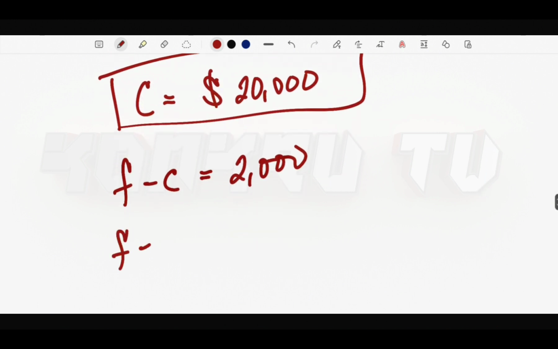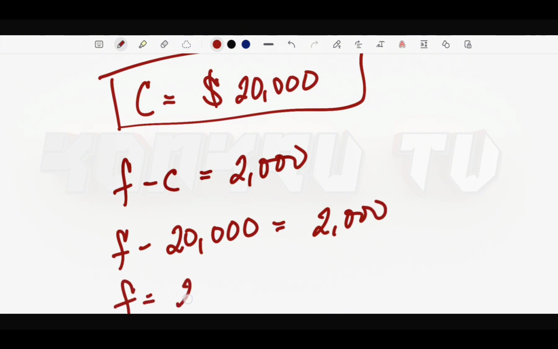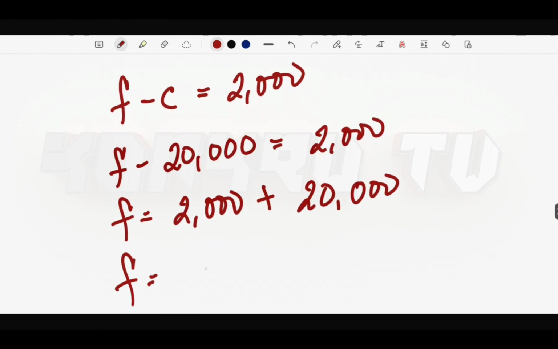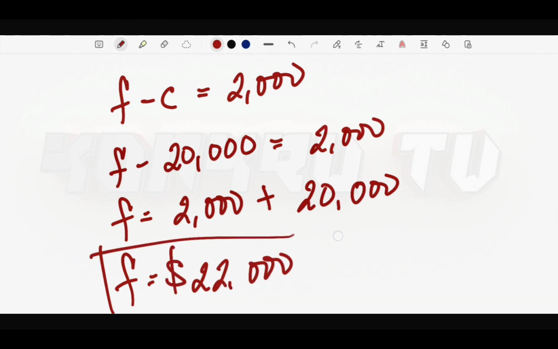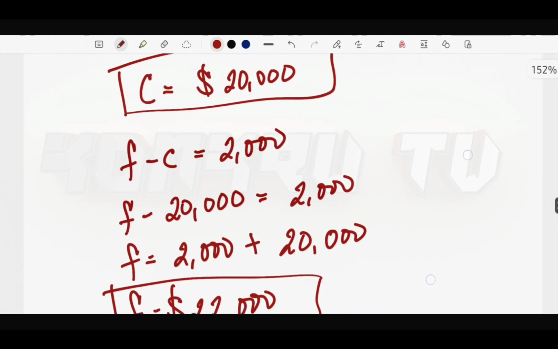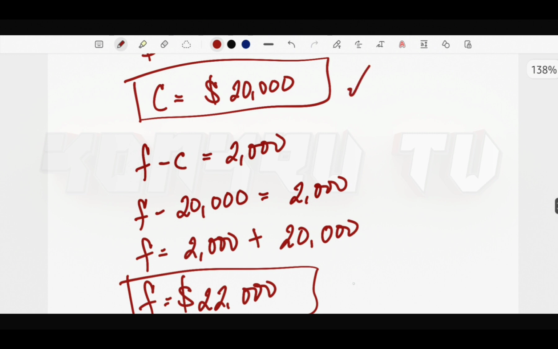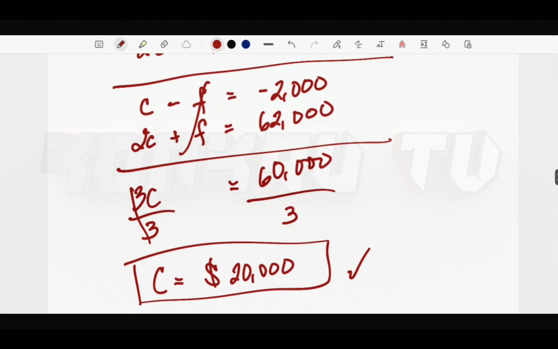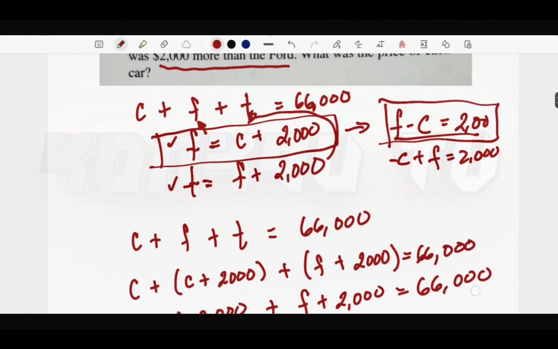So F minus, ang C natin is 20,000, equals 2,000. So F is equal to 2,000 plus 20,000. So yung price ng Ford is $22,000. Okay? So ngayon nakuha na natin yung Chevrolet at saka Ford. So ngayon kunin naman natin yung Toyota.